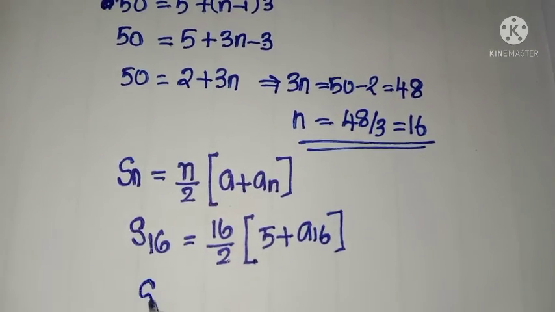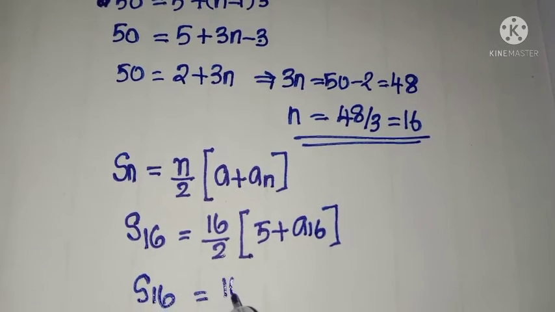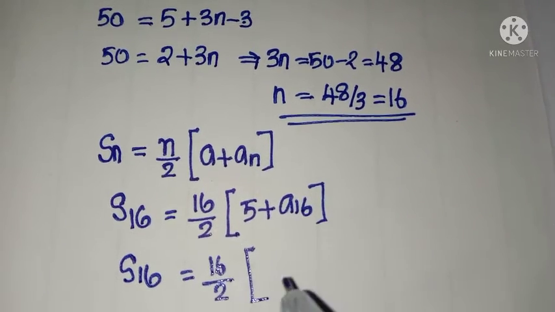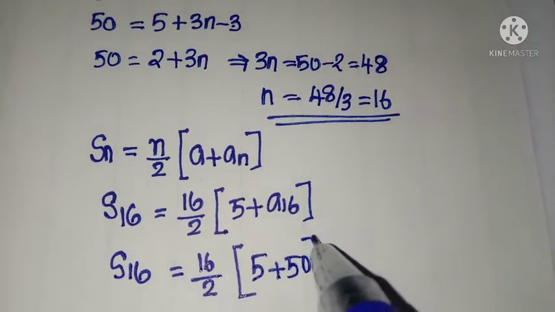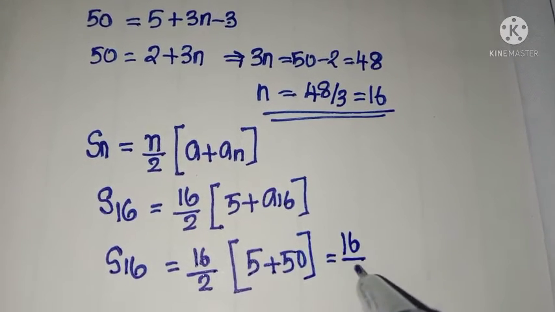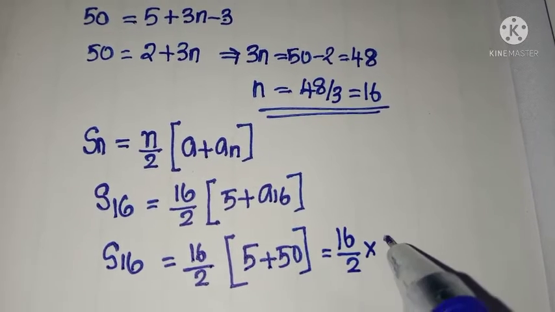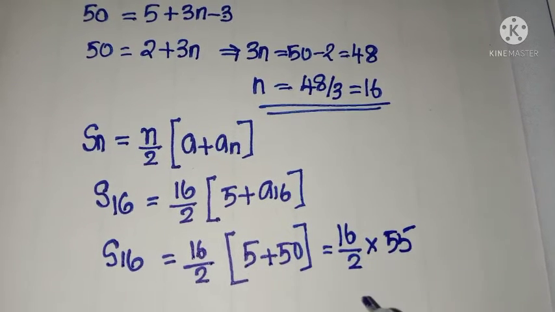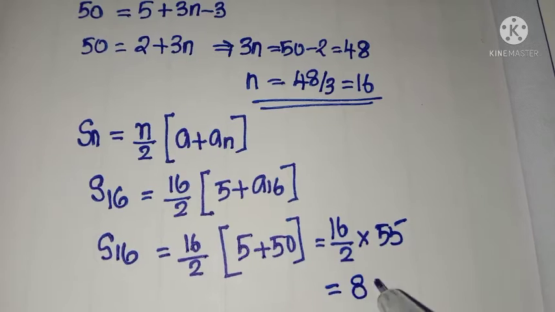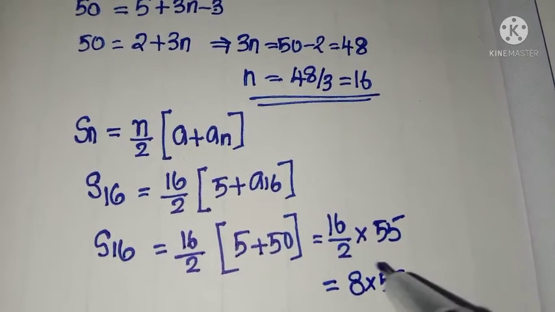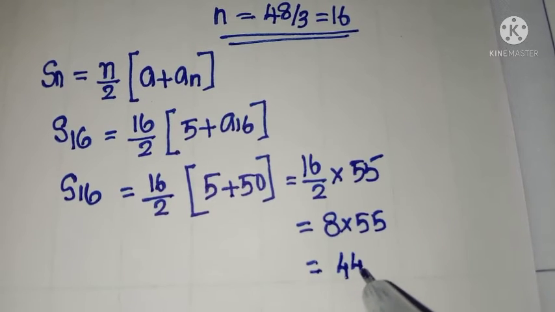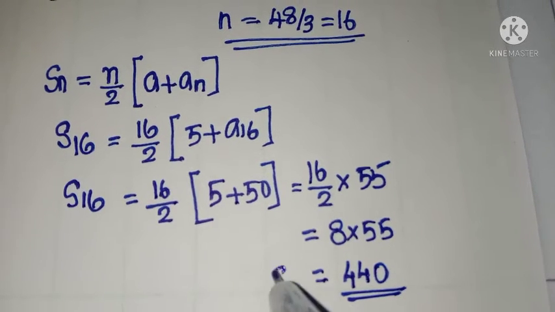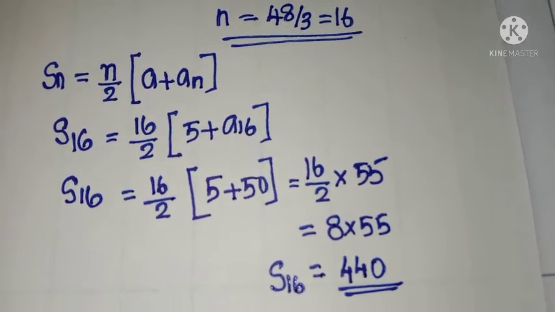So S16 equal to 16 by 2 into 5 plus 50. That is 16 by 2 into 5 plus 50, 55. This gives 8 into 55. 8 into 55 gives 440. So S16 equal to 440.